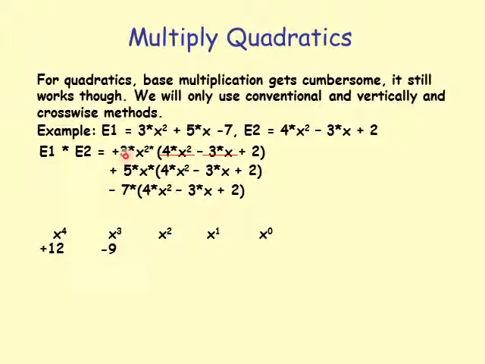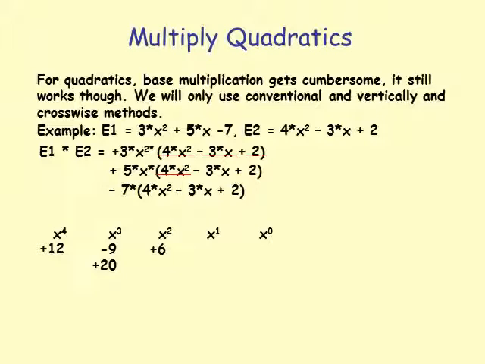Now 3x squared times 2 would get me a 6x squared. So we'll have a plus 6 under the x squared column. Okay, we used up this product. Now we would start collecting terms from the second product, 5x times the second expression. 5 times 4 is 20x cubed, so we'll have a plus 20 under the x cubed column.